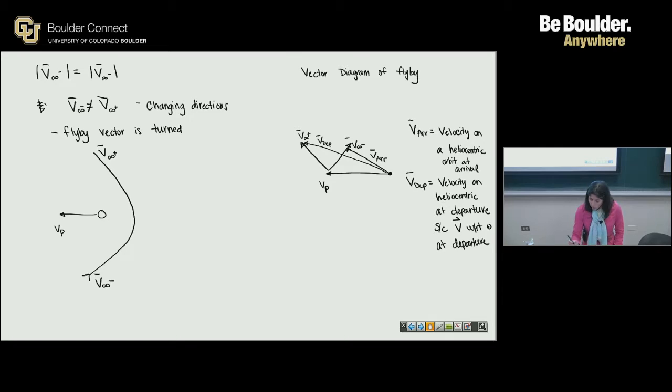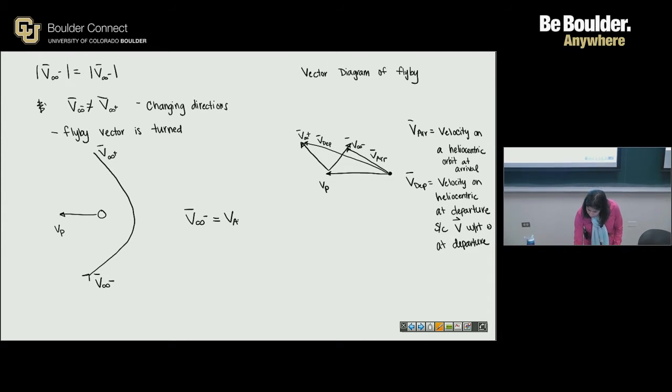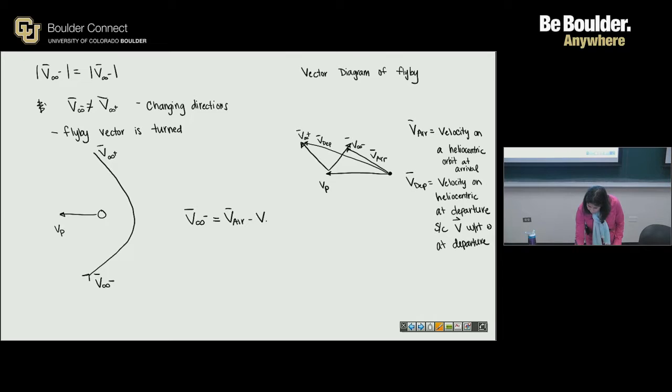And so now, hopefully it's really clear that you can see that V infinity incoming is just the velocity at arrival minus the velocity of the planet, and V infinity outgoing is the velocity at departure minus the velocity of the planet.